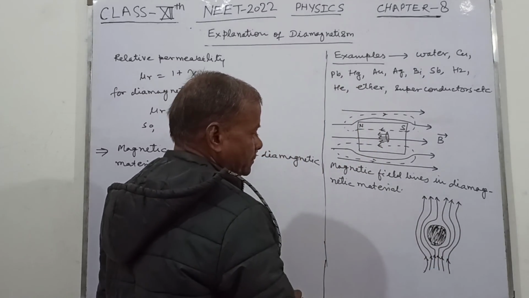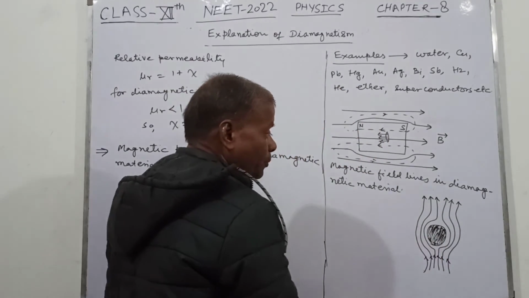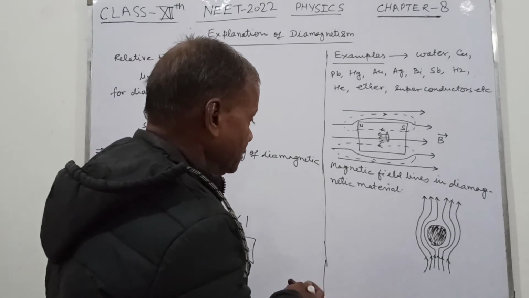No magnetic line of force passes through the superconductor.